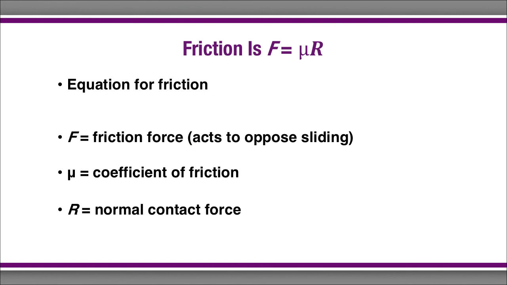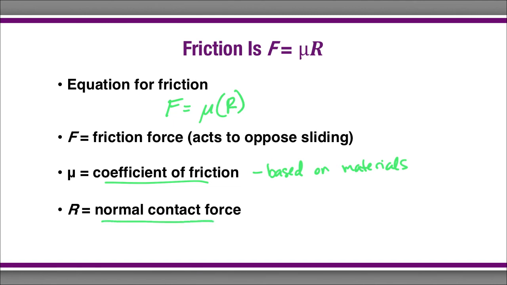Friction is mathematically represented by F equals mu times R, where mu is the standard coefficient of friction that is based on the material itself. So all materials have a regulated coefficient of friction number, and then that will be multiplied by the quantity of the normal contact force.